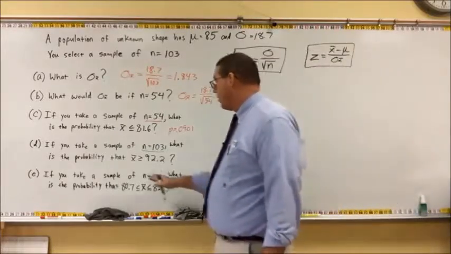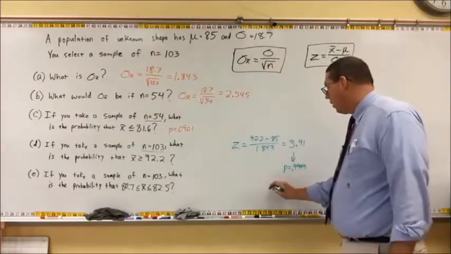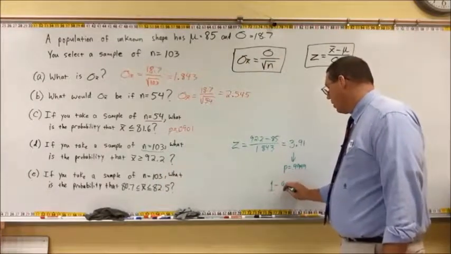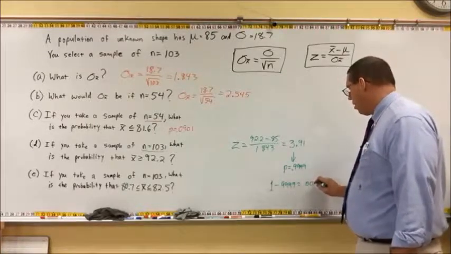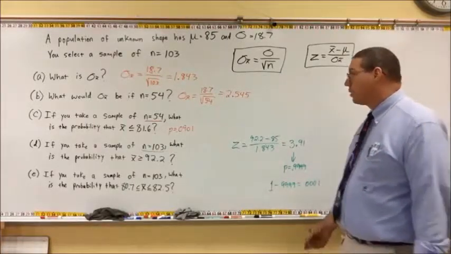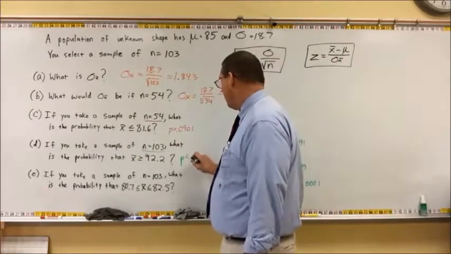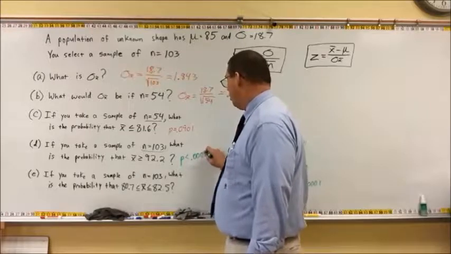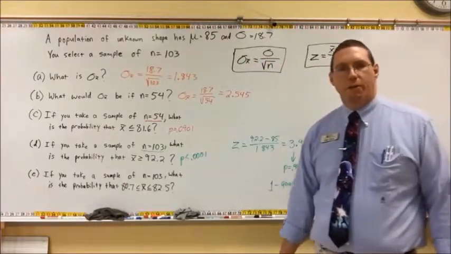And because this is a greater than question, we have to subtract this from 1. And 1 minus 0.9999 is 0.0001. And actually what we would say is that the p-value is less than 0.0001. But if you say p is equal to 0.0001, that's fine too.